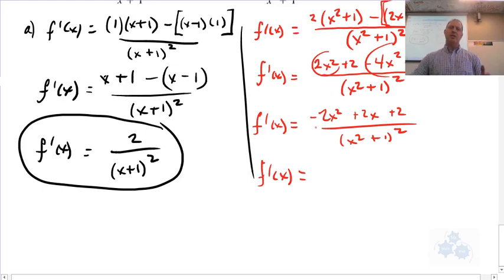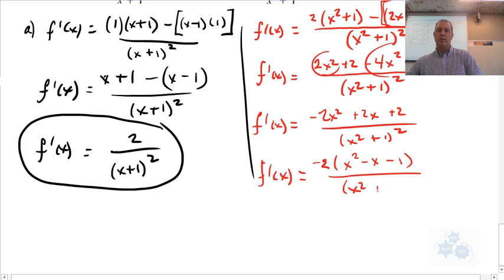And can I just take it out and get rid of it? Not really. You have to leave it as a factor. And you might want to take a negative out even. I don't know. x squared minus x minus 1 over x squared plus 1 all squared. So I think that looks right.